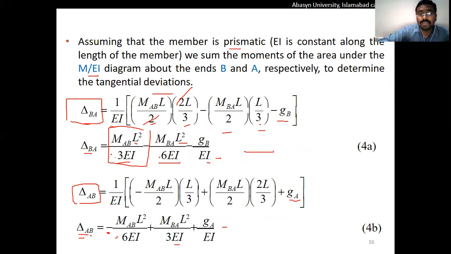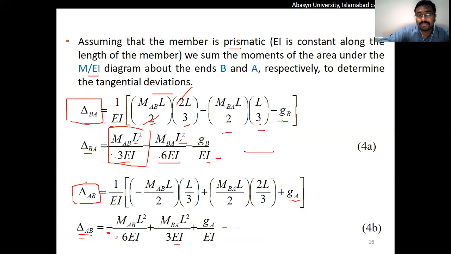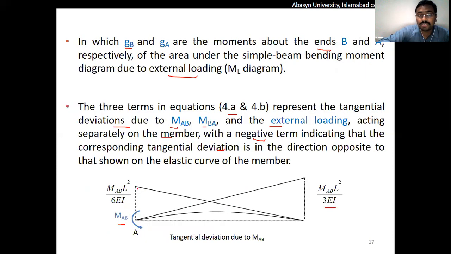For point B, we have a positive value, which we have assumed to be positive, so it will remain positive. In the other direction, we actually have a negative sign, which means that the deformation is actually in the opposite direction. So it will be considered positive: instead of going downward, it is in the upward direction.